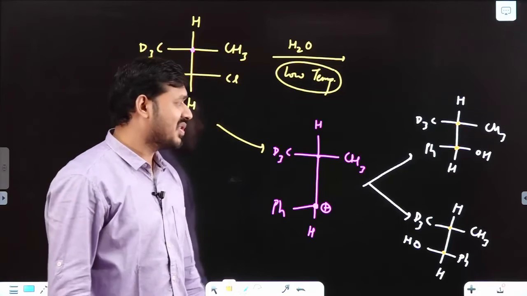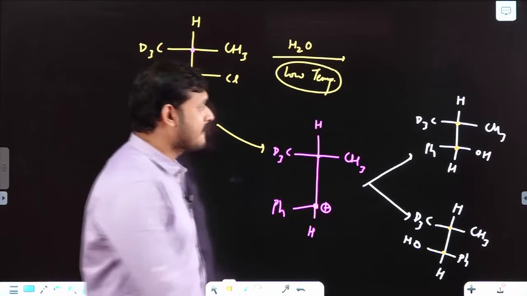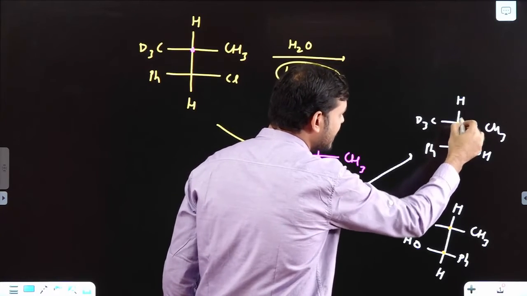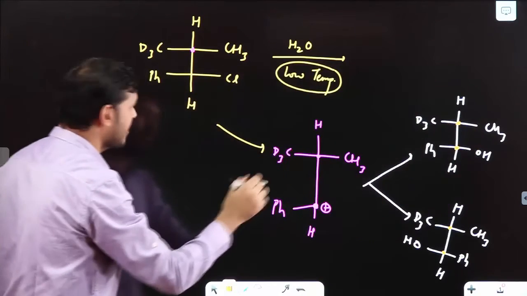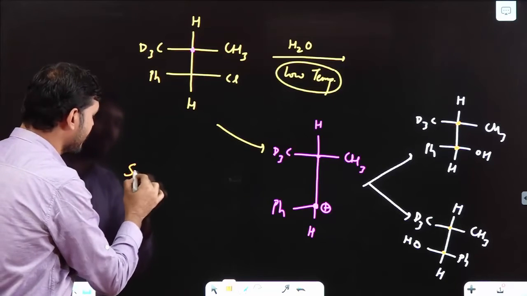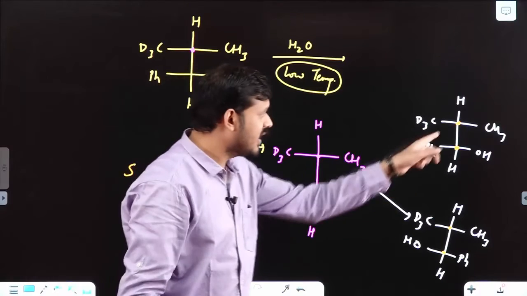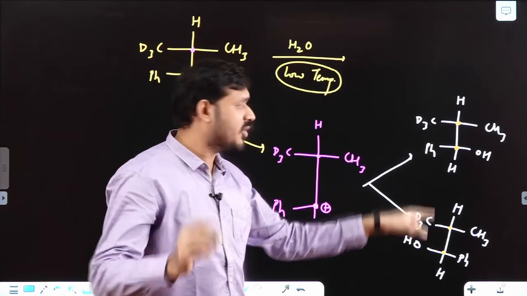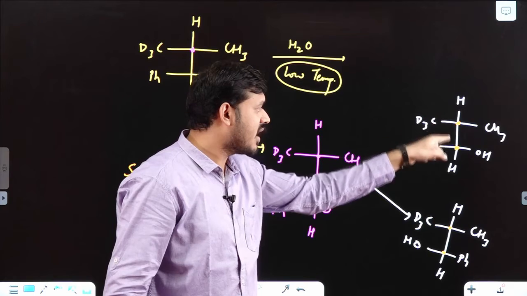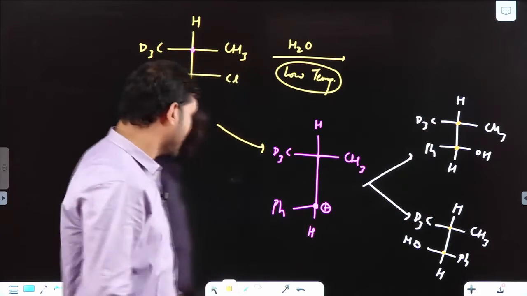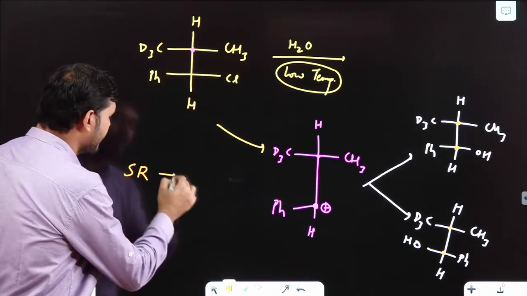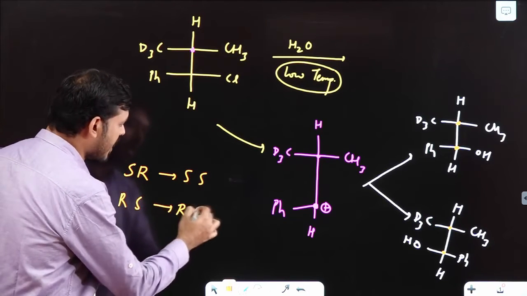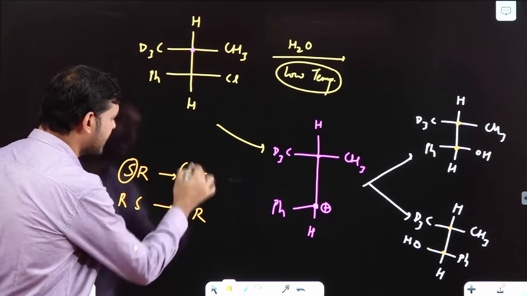Clear to you? So you can simply understand here in these two cases, suppose from this side, this part, you are telling here the configuration is suppose S, R, then it will be S, S. Suppose it is R, then R, R, R, S. So here you are having S, R, S, S, or you can say R, S, R, R. This part is same.